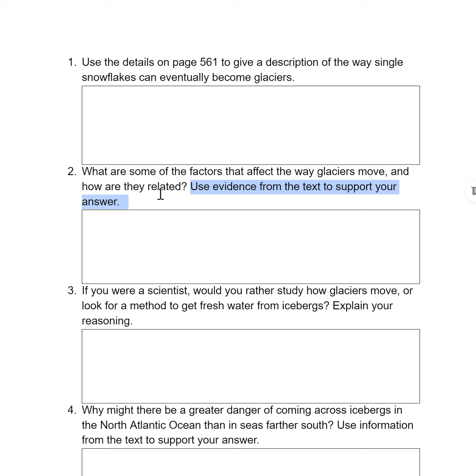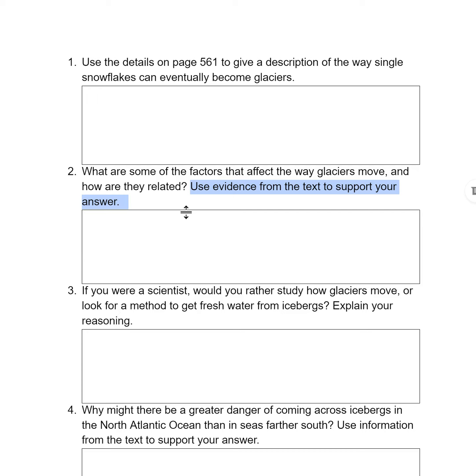So in the text, I have some key words here. On page 562, paragraph 3, it says, in recent years, scientists have found that glaciers move in 2 different ways. And then it describes one way that they move. Then in the 4th paragraph, it says the second way, and then it describes the second way they move.